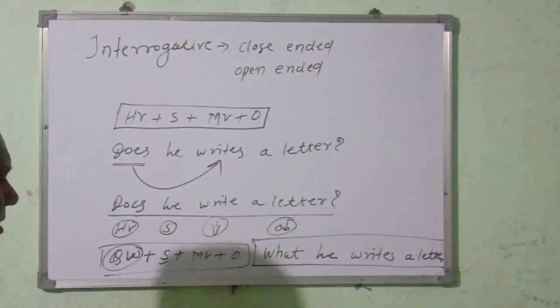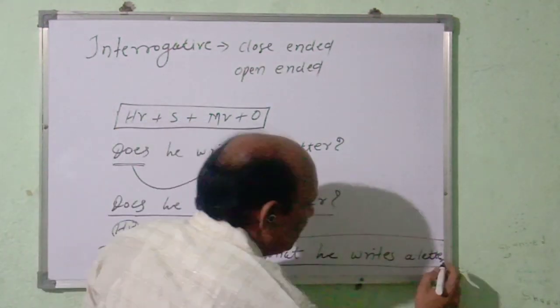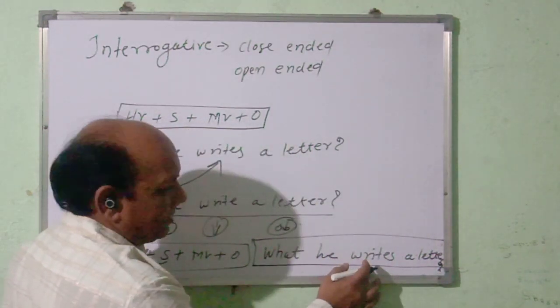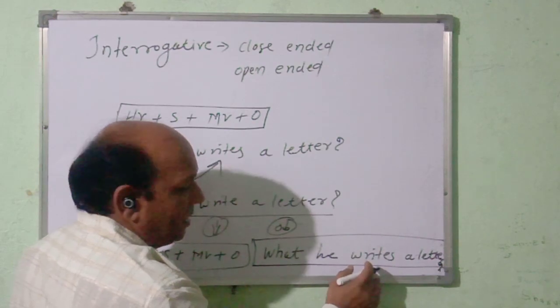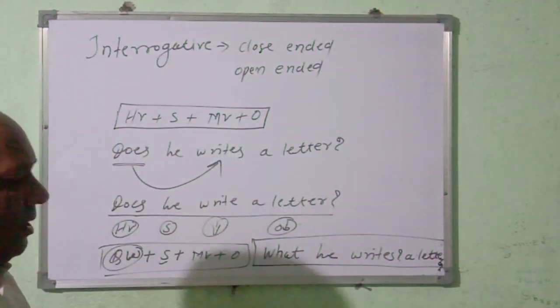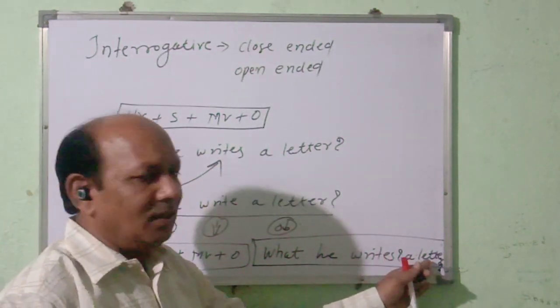Now tell me one thing. What is the question? Which question do we want in particular? So, what he writes. That is enough for asking the question. What type of answer will come from your side? That is a letter.